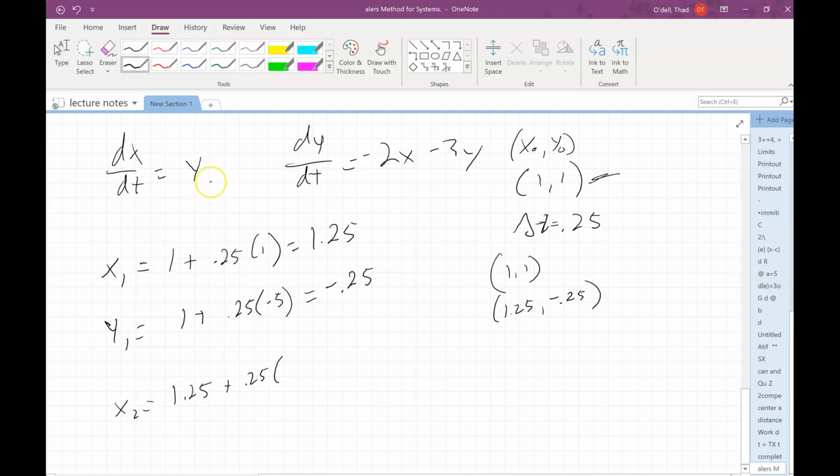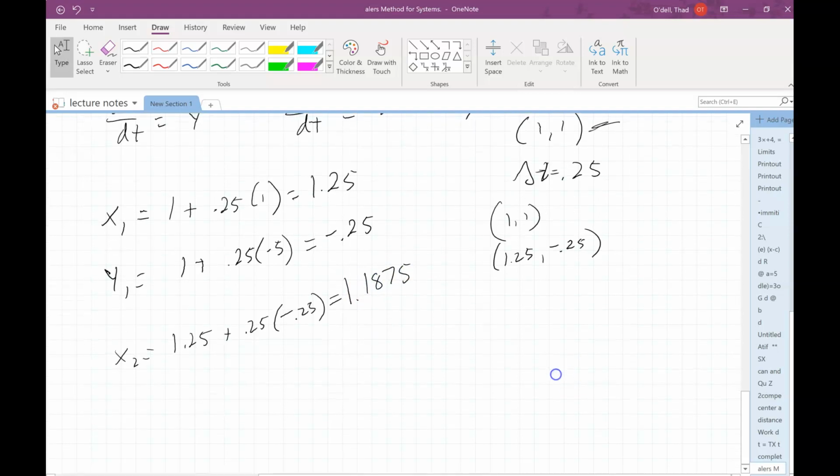Of course, I only have a place to plug in y, so I plug in negative 0.25 there. And that is going to be 1.1875. So 1.1875 would be my x coordinate.